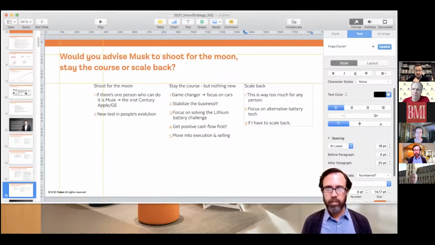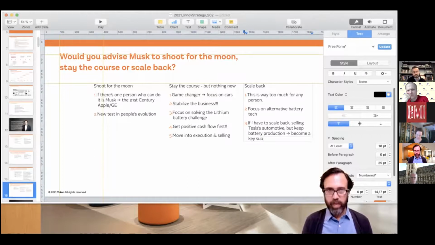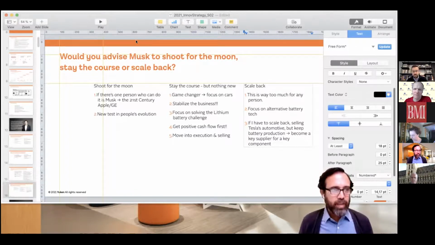For example, selling Tesla as the automotive part of the company to any other automotive company and keeping the battery production in your hands, meaning that all other automotive companies would not treat you as a competitor and might then buy the gigafactory-produced batteries. So become a key supplier. Yeah. Or a key component. Good. Yeah. Anything else you would like to say?